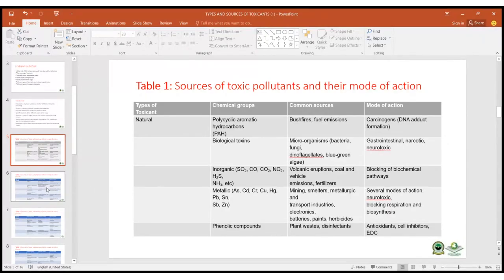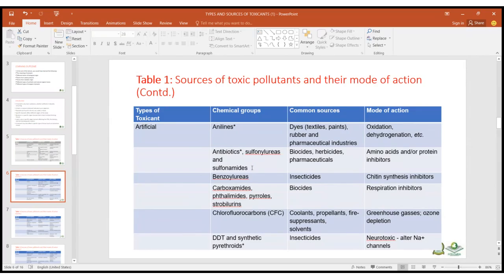Okay, so as we continue on the table, we now have artificial sources, artificial types of toxicants. That means toxins that are produced as a result of man-made activities. They are not natural. And then we have the anilines, and the sources are dyes, textiles, paints, rubber, pharmaceutical industry, and the mode of action is oxidation and dehydrogenation.